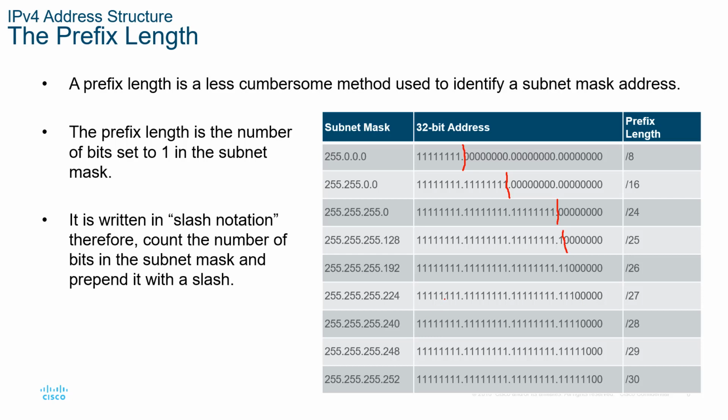So we break this down from the far left, count all the ones, and group them into groups of 8. Here we have /27, so 27 ones. Starting from the far left, we count 8, put a dot, count 8, put a dot, count 8, put a dot, and the remaining 3 bits are in the fourth octet. That's just using /27 as an example.